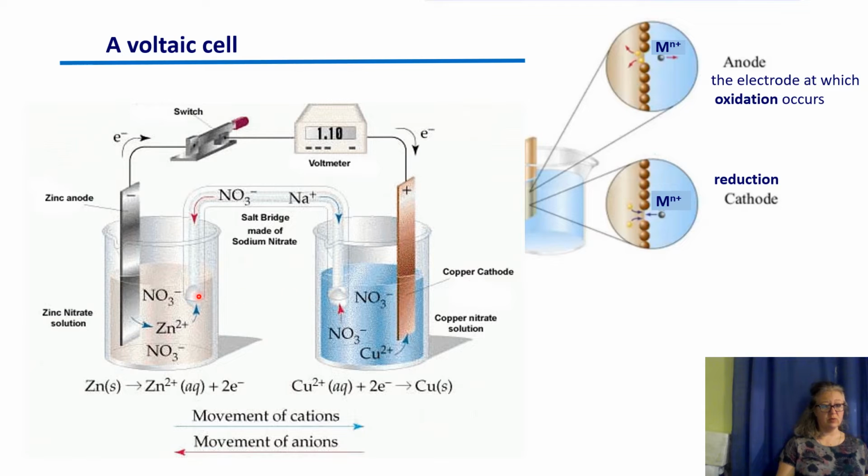Zinc atoms lose electrons at the zinc electrode, the anode, and get into the solution as zinc 2 plus cations. The electrons from the zinc electrode are transferred through the wire to the cathode, where they are captured by copper 2 plus cations from the cathode solution, which deposit as a metal on the cathode.